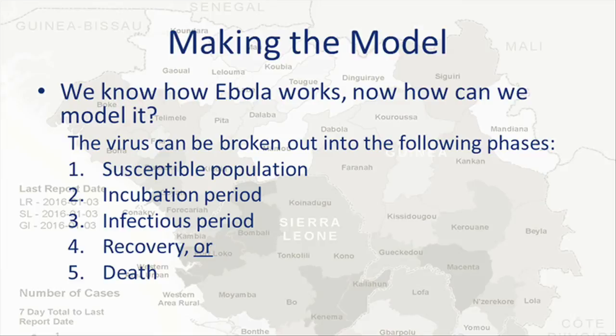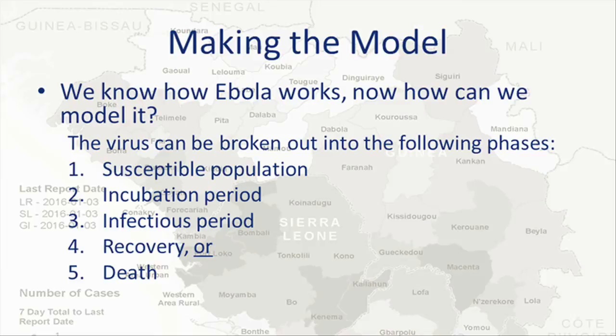And then third, we move on to the infectious period. This is when you've gone through your incubation phase, you're now showing symptoms, you can pass the virus on to other people, and you're infectious. And then from there, after you're infected and you're showing symptoms, you either recover from the disease or you die. And so we have recovery or death. You can move to one or the other.